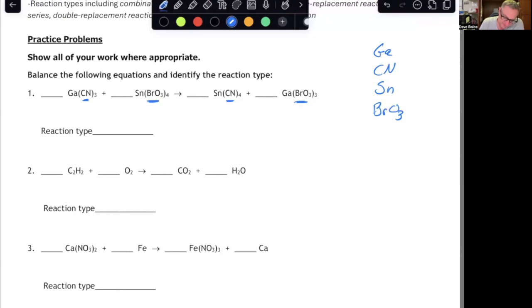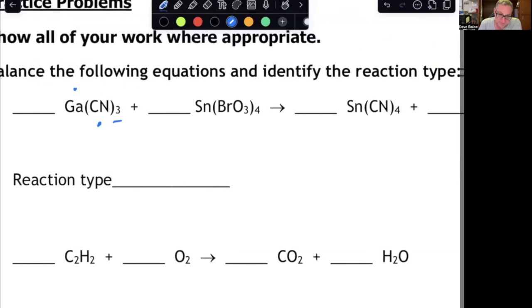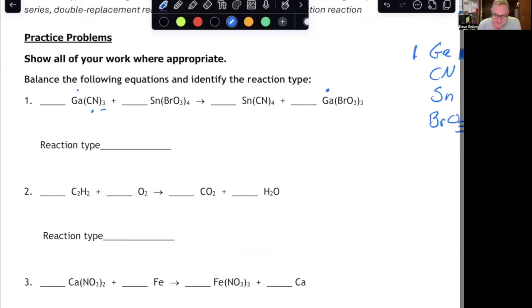So gallium right now, I have one on the product side, and I have one on this side. So cool, I'm going to move on. Cyanide, I've got three because of this three right here. Very important that I notice that. And on the product side, I have four. So I'm going to have to come up with a number that both three and four can divide into evenly.